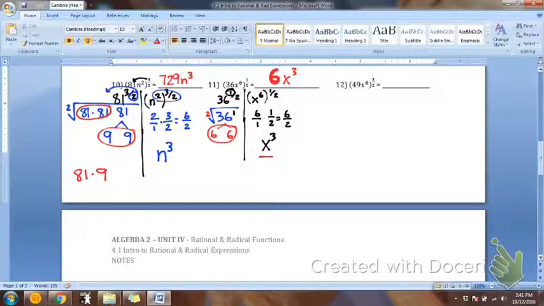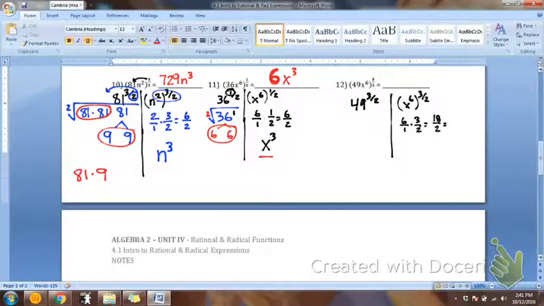You gotta bring this over. 7 equals 0, right? What are you getting for the variable?